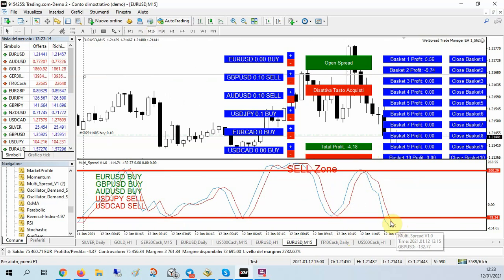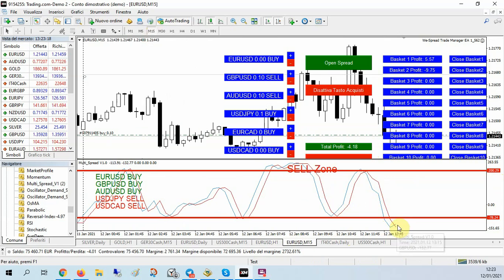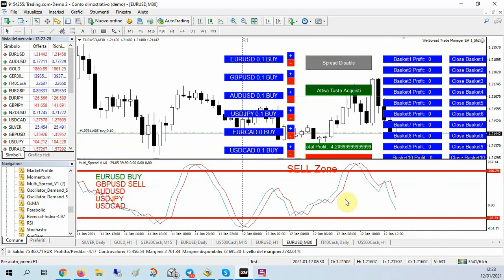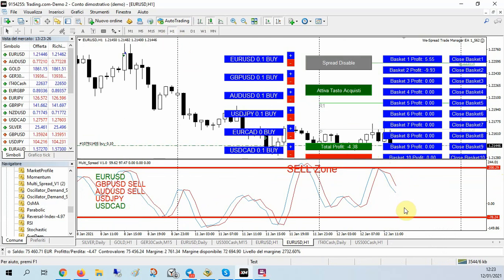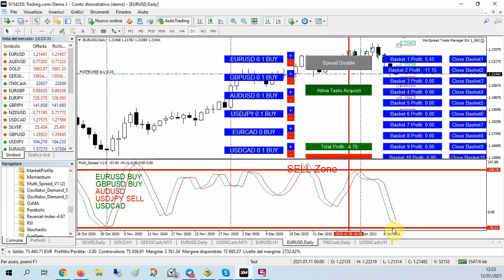We have lower signals that I think will be along very soon, M15 that is not in the low. H1 is going down, H4 is going up, and the daily is going down.